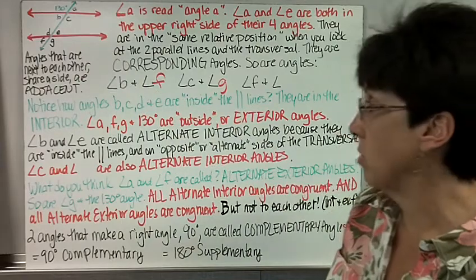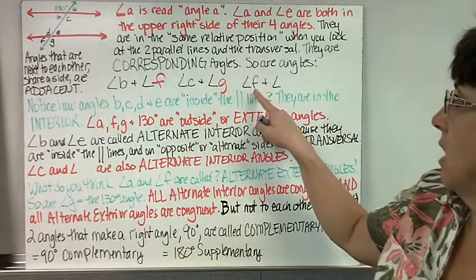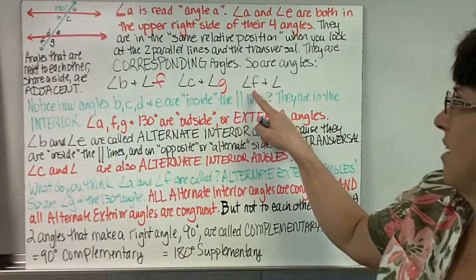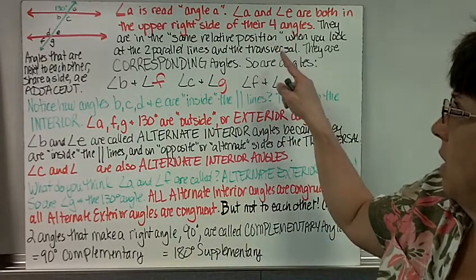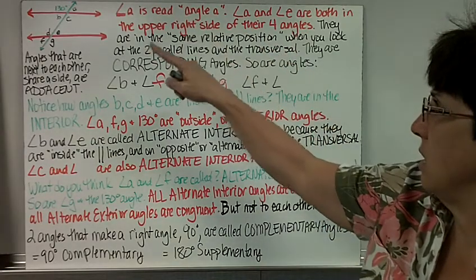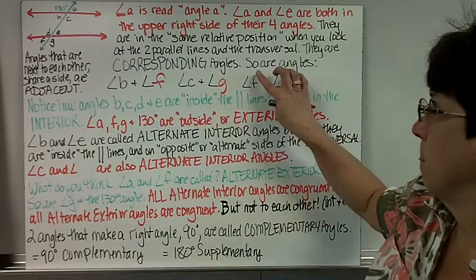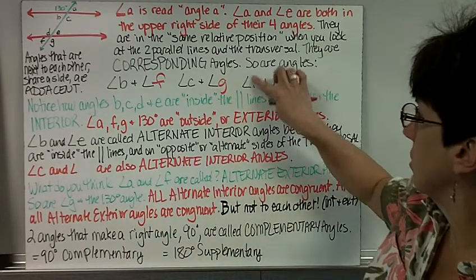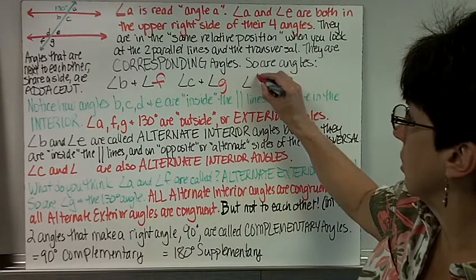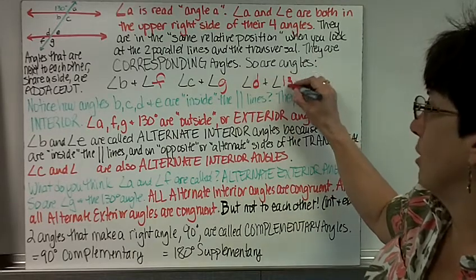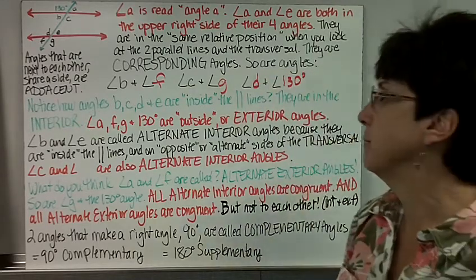G is in the lower right side. What am I missing? A and E, C and G, B and F. Oh, let's do angle D and the 130 degrees. We don't write it that way, but we know what I'm talking about.